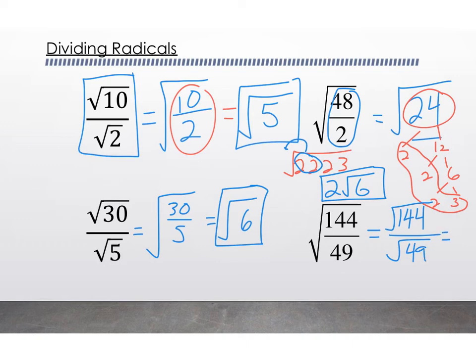Square root of 144, that's actually a nice number. In fact, that's one of the square numbers. What's the same number that multiplies to 144? It ends up being 12. And the square root of 49, we should know, is 7, and that can't be reduced, so 12 over 7 is our final answer there.